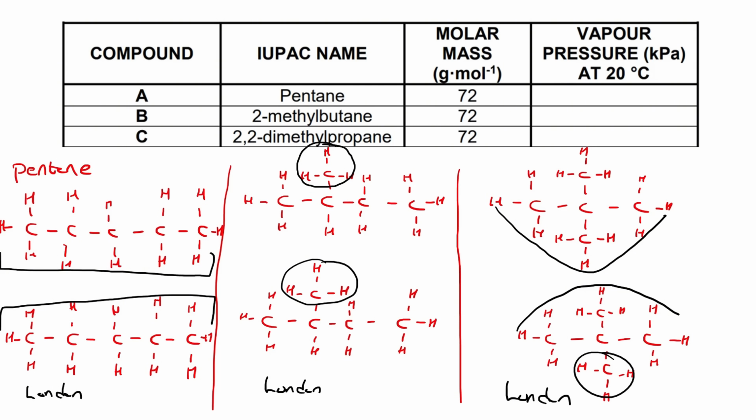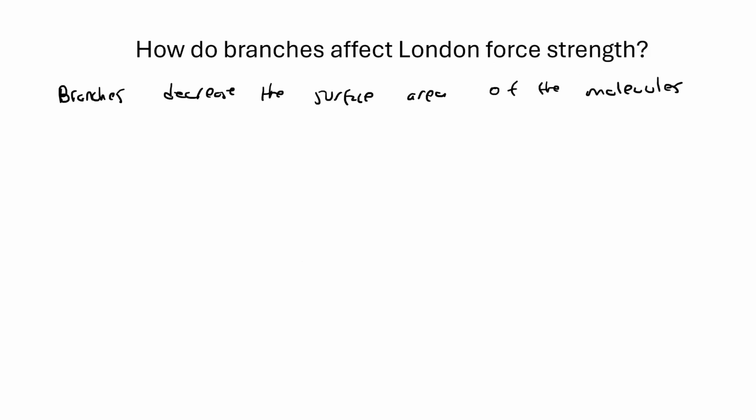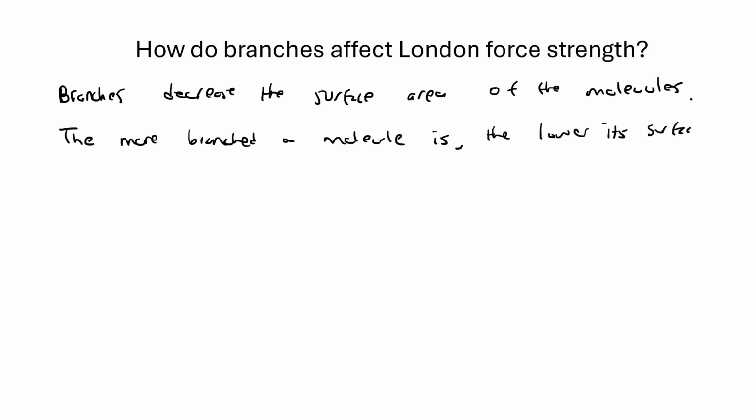So the more branches you have, the less available area there is. To make it even more clear, the more branched a molecule is, the lower its surface area.